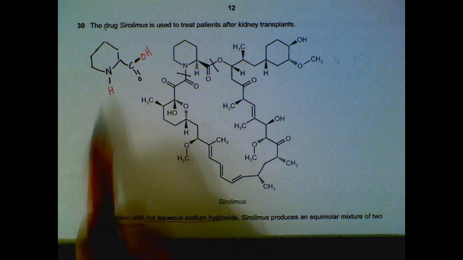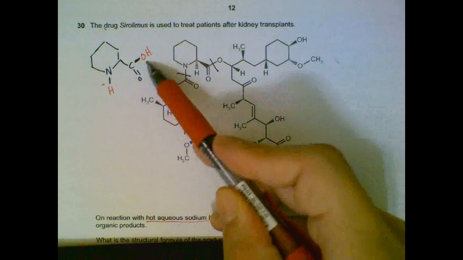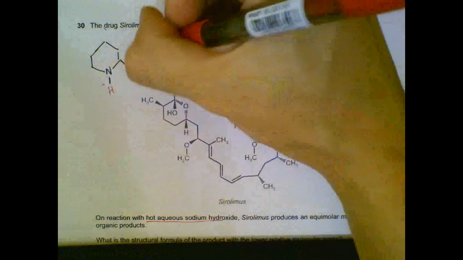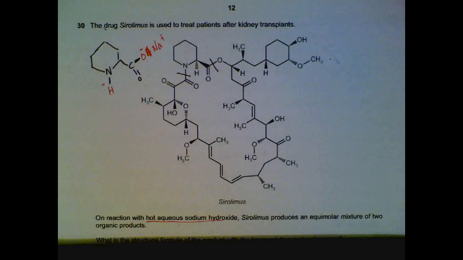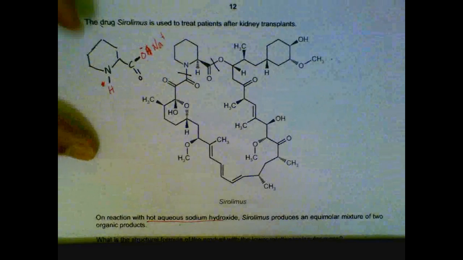This is a basic group, so no changes to this. This is an acidic group. Under sodium hydroxide, it will form a salt. So this is our final product, which is our option B.